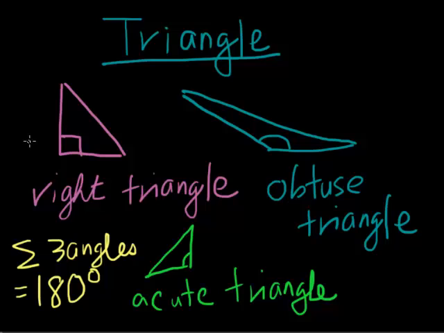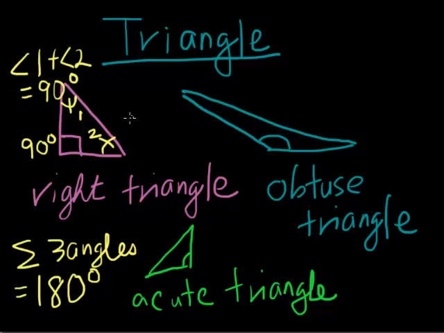Okay, example, if this angle is 90 degrees, then angle 1 plus angle 2 must equal 90 degrees, because 90 plus 90 must equal 180 degrees. And that ends the discussion for the triangle.